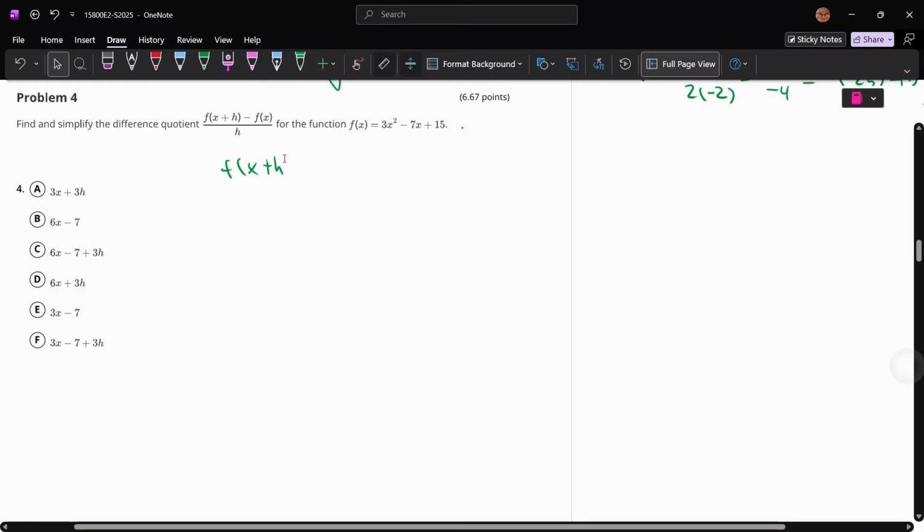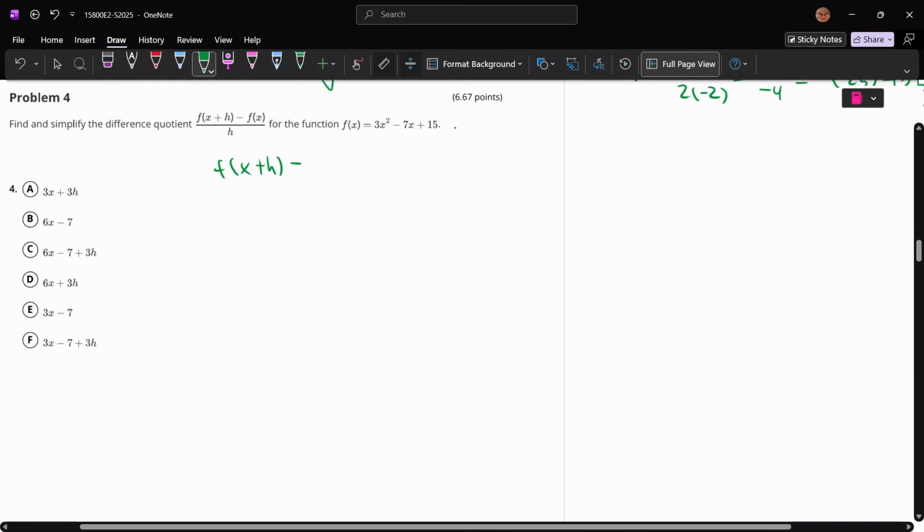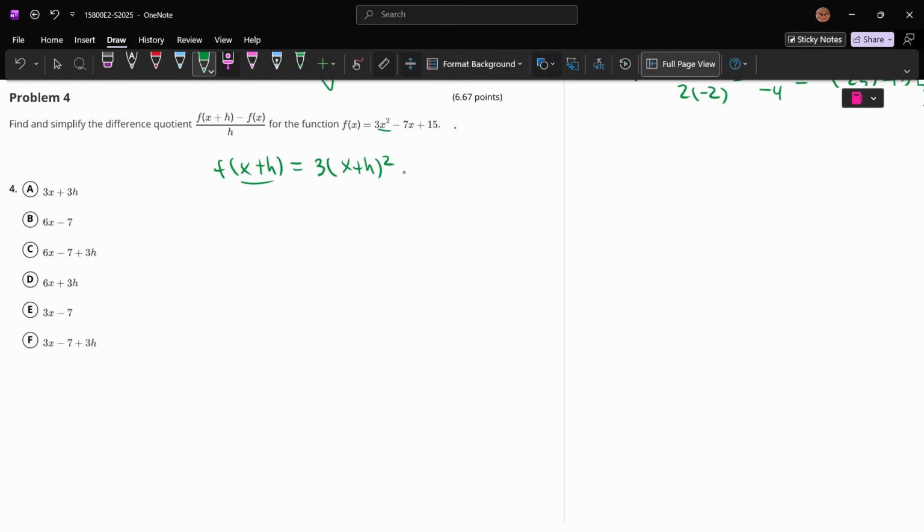To find f of x plus h, it's as simple as substituting x with x plus h. So you'd end up with 3 times x plus h squared minus 7 times x plus h plus 15. Then we're going to have to distribute things around and expand it so that we can simplify in the future.